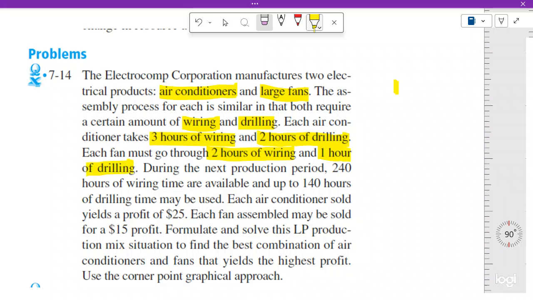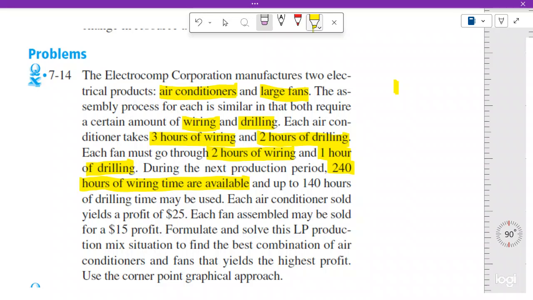During the next production period, 240 hours of wiring time are available. Sorry, it's available for wiring strictly.